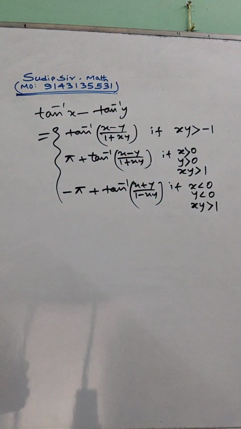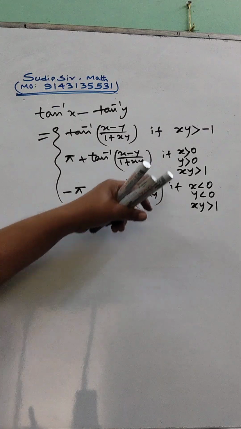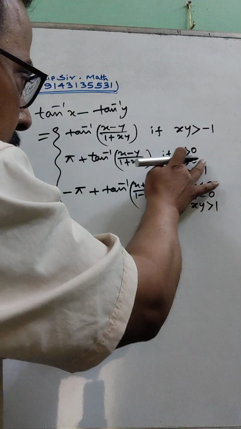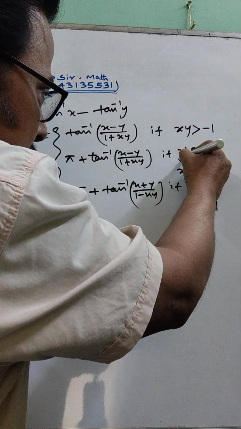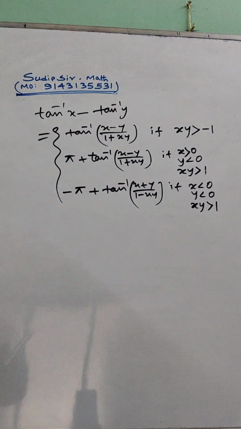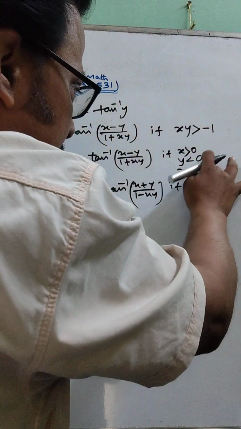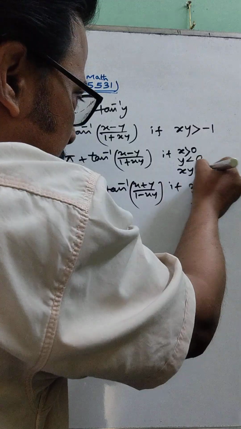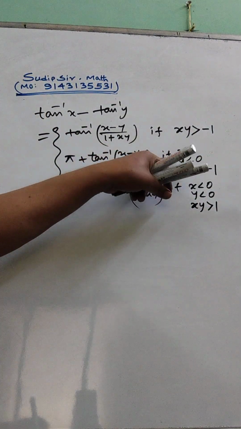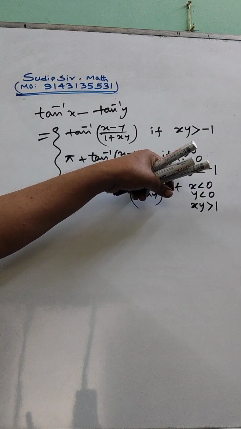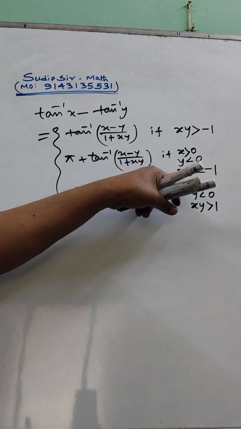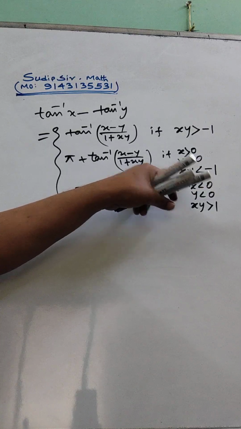This will be plus if x is greater than 0, y is less than 0, and xy is less than minus 1.